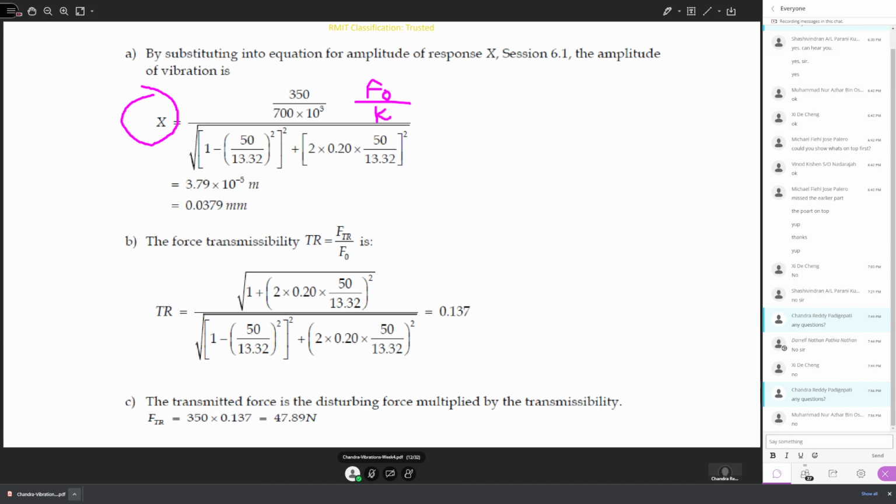So X equals F naught over K, divided by the square root of (1 minus r squared) whole square plus (2 eta r) whole square, where r is the ratio of frequencies and eta is the damping ratio. This is the formula for the amplitude.